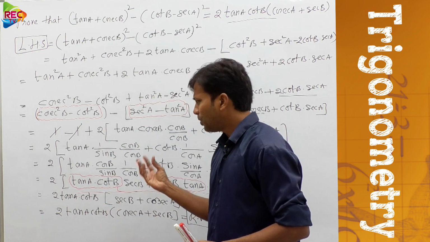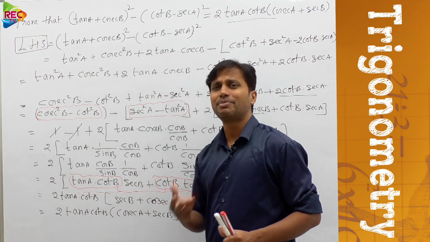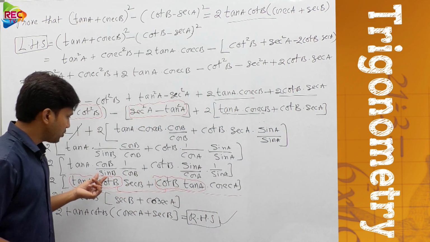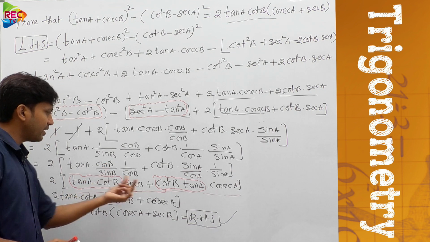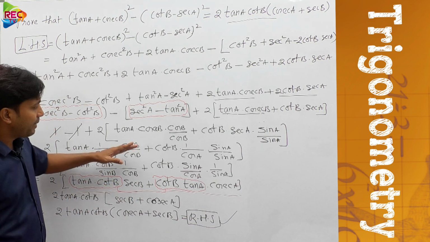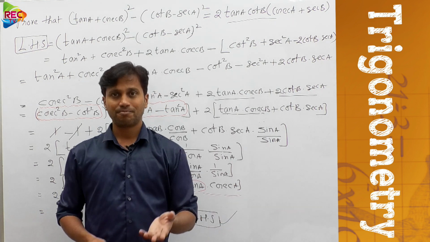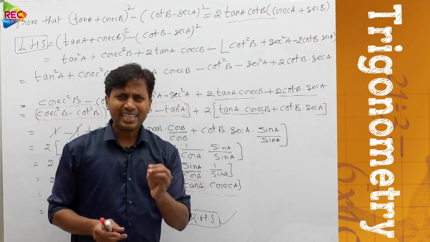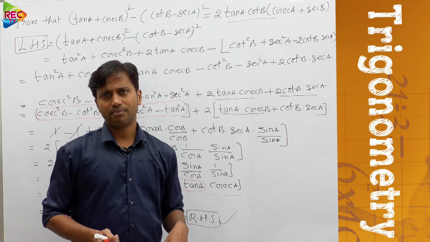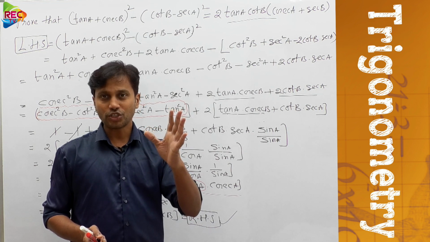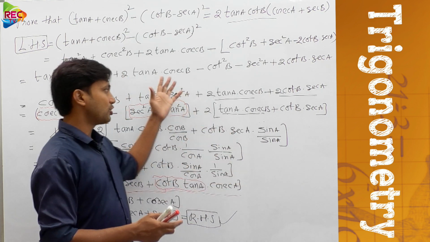And then you need to have some small rearrangement skills based upon common sense. Based on our common sense only, we replaced this cos b to here, and then multiplied and divided with cos b and sin a, like that. Understood? So very simple things these are, but you need to apply your brain a bit. Focus on it. You will definitely be able to solve it.